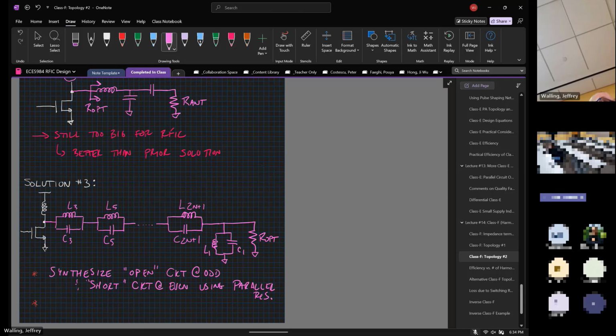Okay, so just using parallel resonances now. Is this good? What's wrong with this?